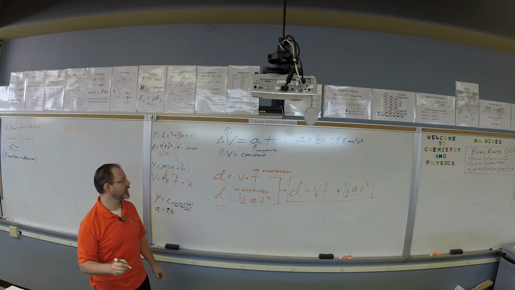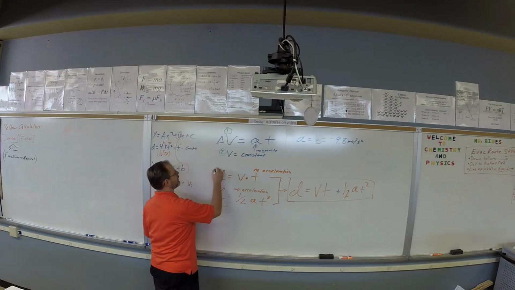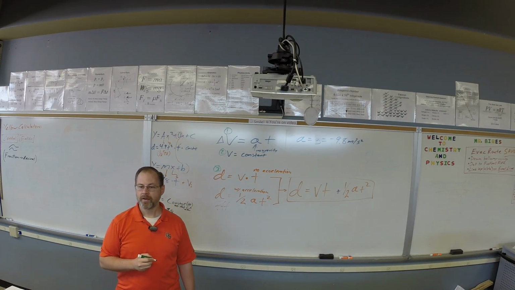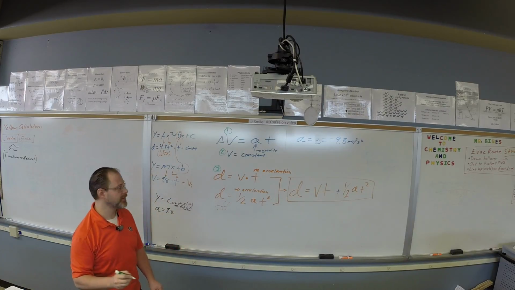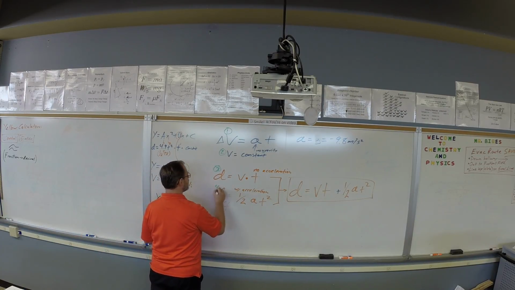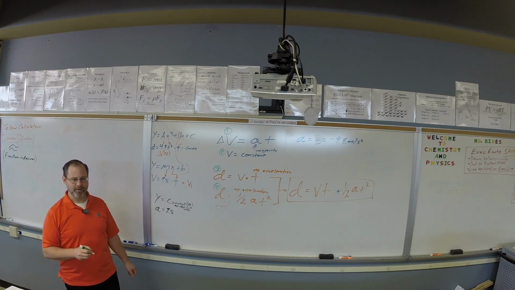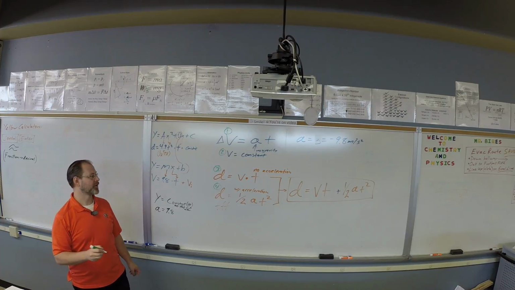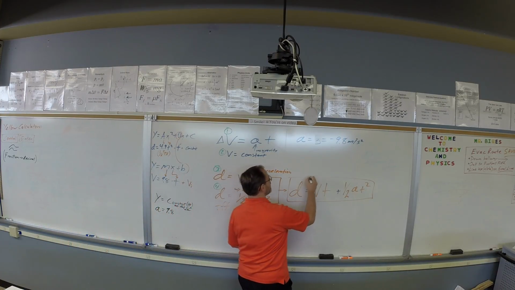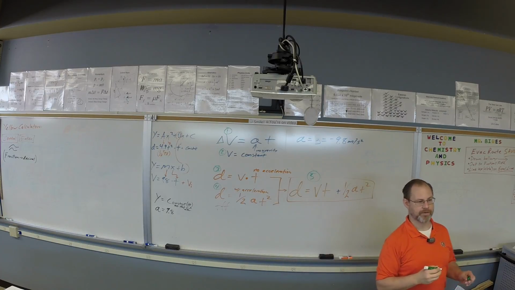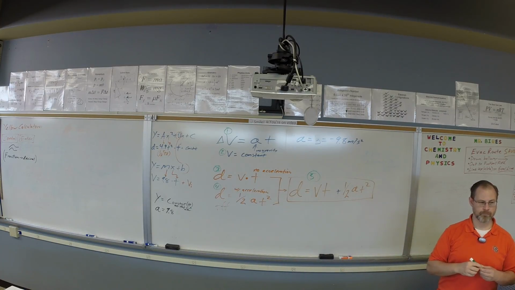If something is not being accelerated, the distance something's going to cover is given by D equals Vt. If something is being accelerated, the distance it's going to cover is 1/2 AT squared. And if something gets an initial velocity and it's being accelerated, then D equals Vt plus 1/2 AT squared.